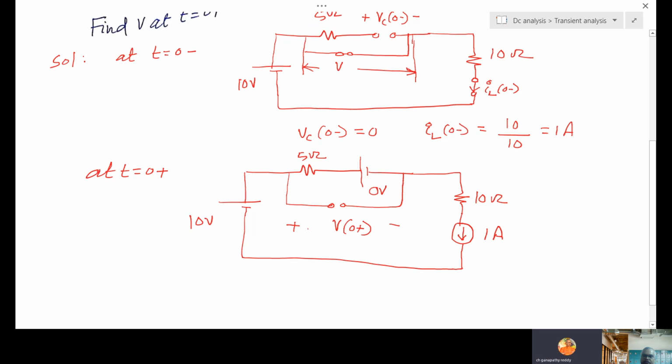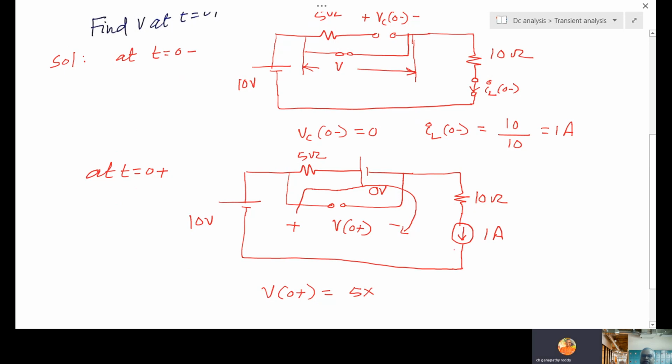So how to find V 0 plus? Start from positive, go to negative. You can't go like this because of the current source. Better go this way. Start from positive, go to negative. So looking at this circuit, V 0 plus equal to 5 into, what is the current in this loop?